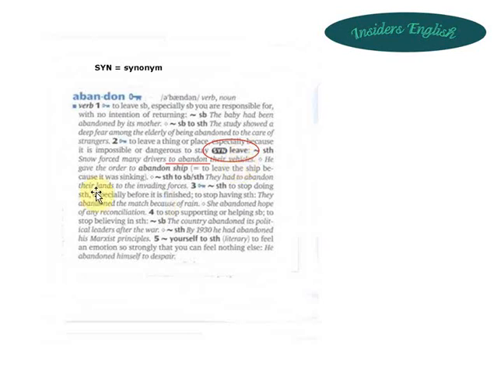That means if we look in the next example sentence, we find the entry, which is abandon. We can exchange that with our synonym, make sure it's in the same form, and we will have the same sentence. Snow forced many drivers to leave their vehicles.